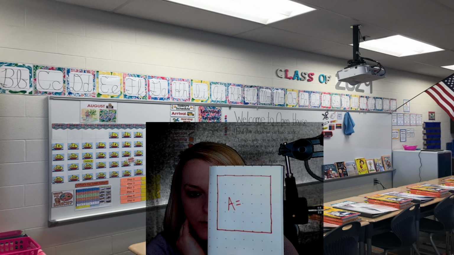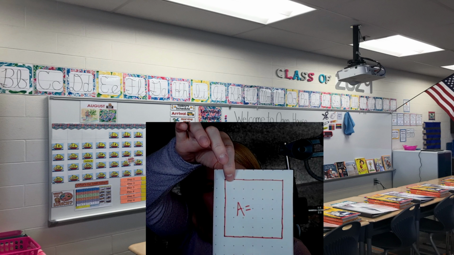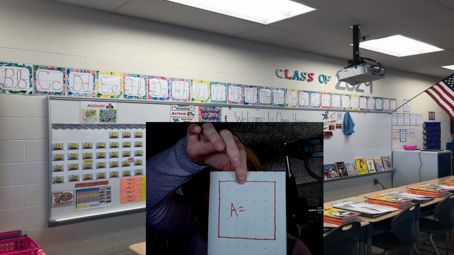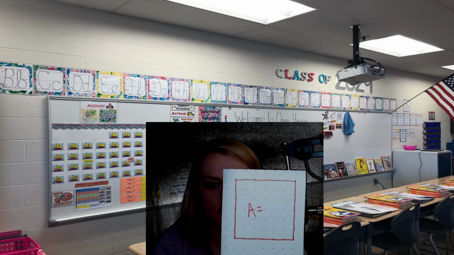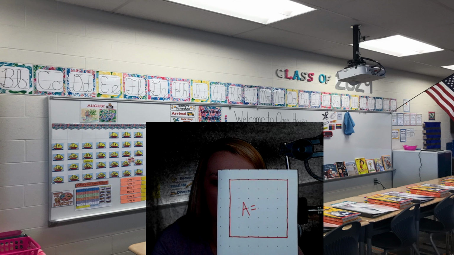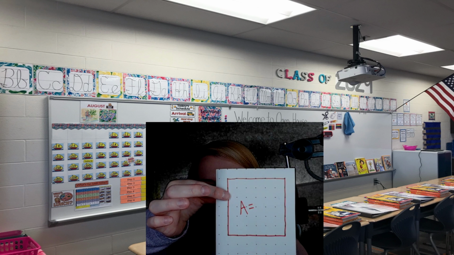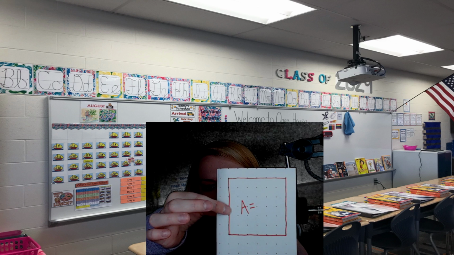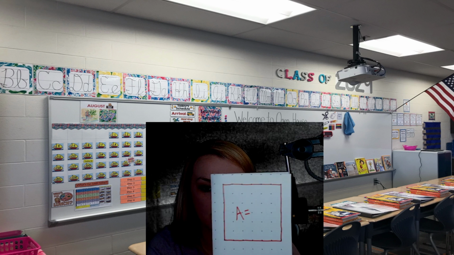I'm going to go ahead and count with you now if you're having trouble. So we're going to go across 1, 2, 3, 4, 5, 6. So the top and the bottom are 6. Let's go down the side now. 1, 2, 3, 4, 5, 6. The sides are also 6.